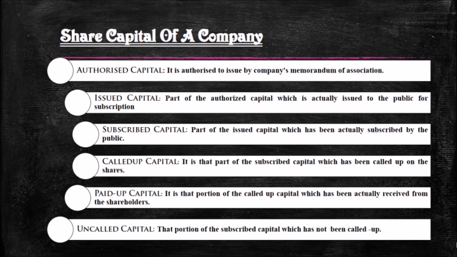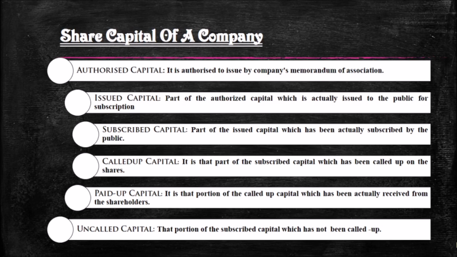And what is subscribed capital? The actual amount of money, or the applications given by the public, constitutes subscribed capital. It is that part of the issued capital which has actually been subscribed by the public.